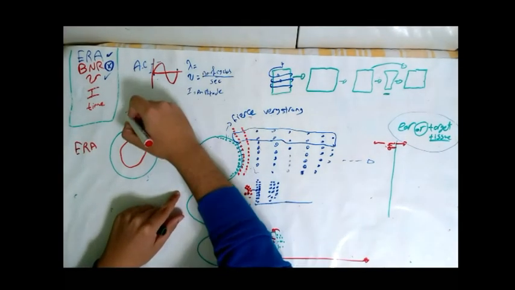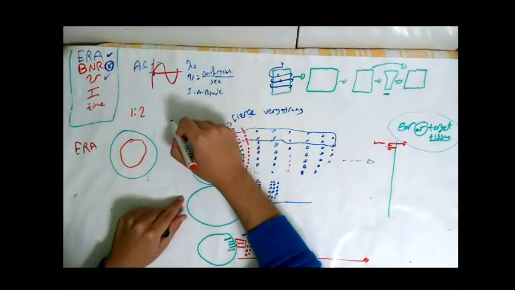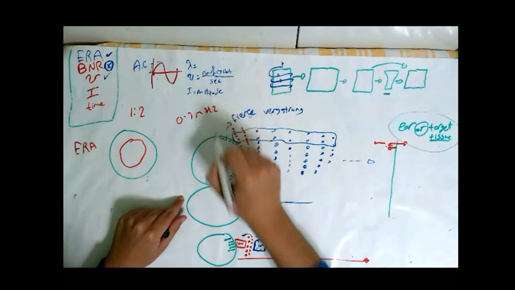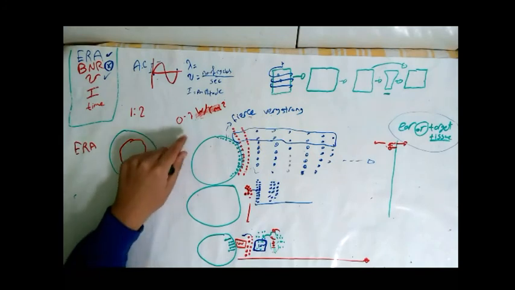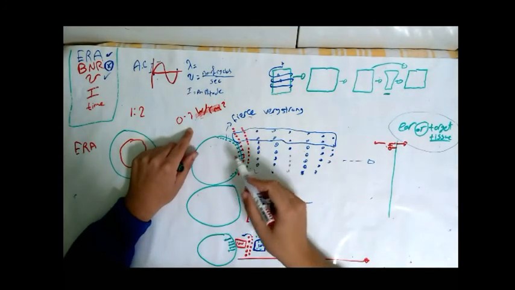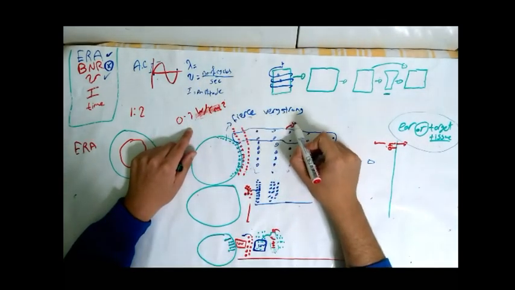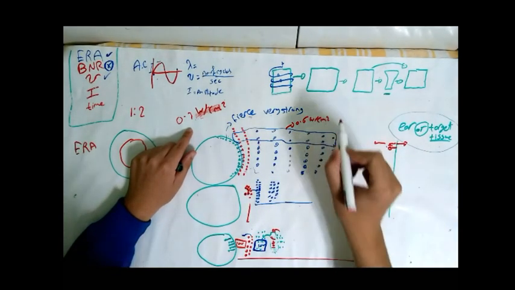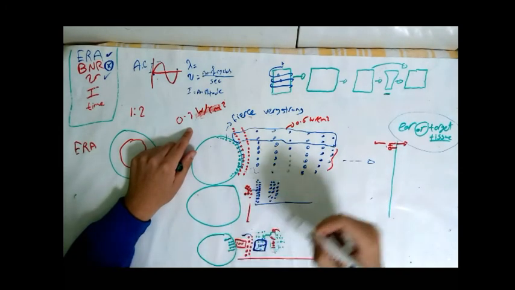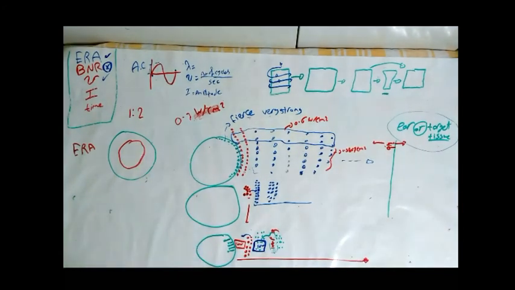If the ratio is 1 to 2, for example, this means that if I'm operating my ultrasound device at 0.3 watt per centimeter squared, there is some area in the crystal which produces double, 2 times 0.3 watt per centimeter squared, while the remaining area is producing 0.3 watt per centimeter squared.